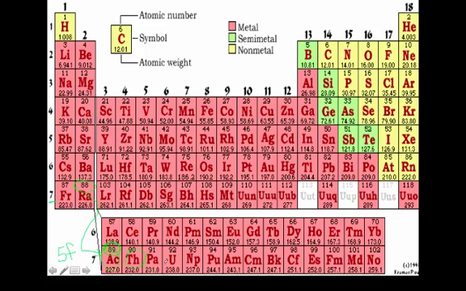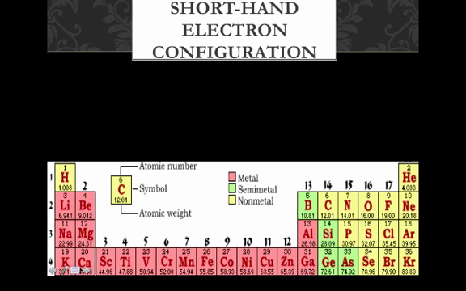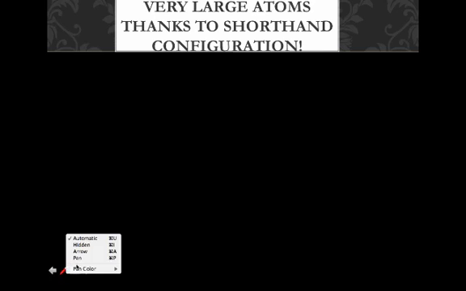1, 2, 3, 4, 5, 6, 7, 8, 9, 10, 11, 12 steps to get to fermium. Well, you know what that means. Oh, where did my fermium go? Not there. That's all right, I can do this.